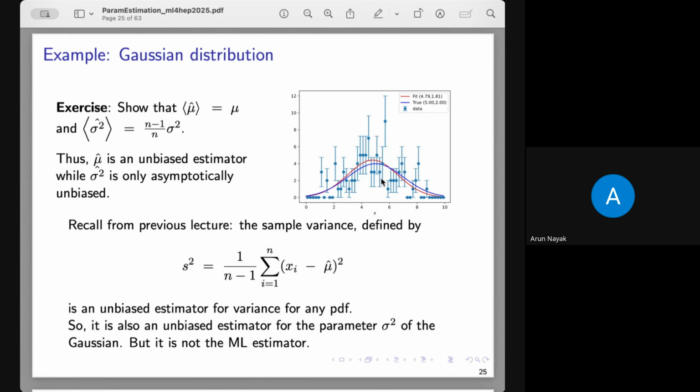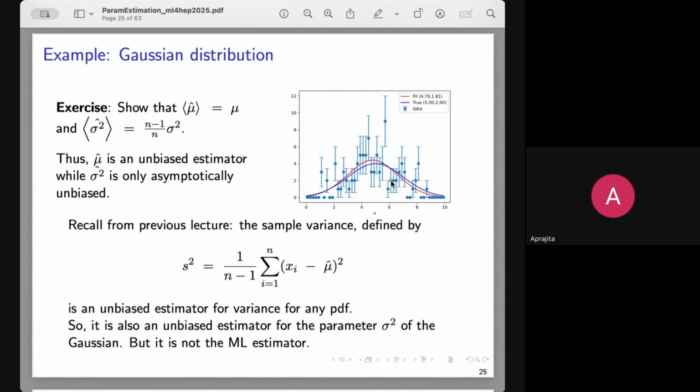So if I consider a probability distribution with mean 5 and sigma to be, say, 4, that will not give you the maximum probability to obtain the data that I have now in this plot. Isn't it the case?